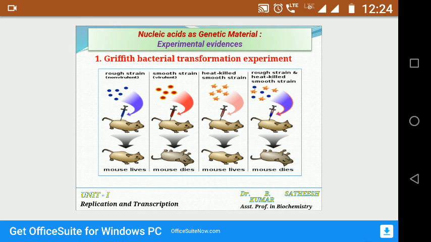So therefore, the synthesis of these 10 different proteins requires some information which is essential to have the amino acid sequence in the specific proteins, because all proteins are different from each other only by means of primary structure.